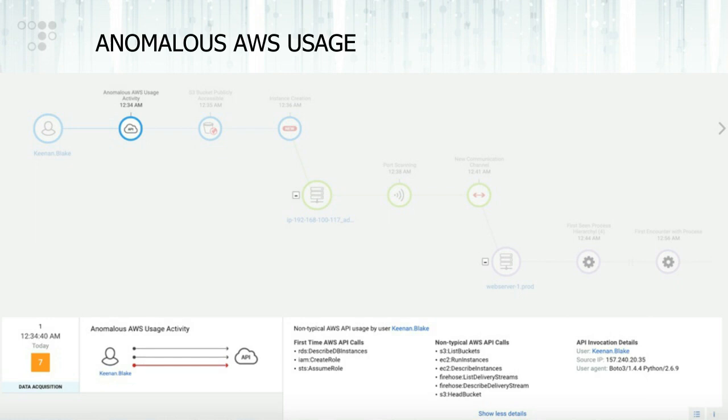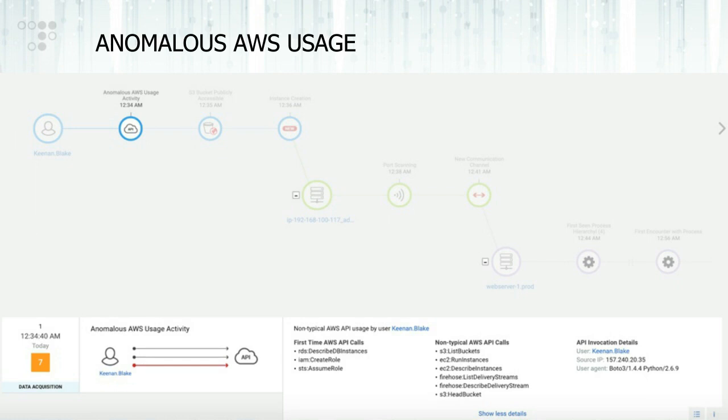Now, looking at Radware's product, you can see that this step involves a number of anomalous activities, including, for example, first-time usage of certain API calls, which the user had never used before, as well as non-typical AWS API calls, which were flagged as suspicious.